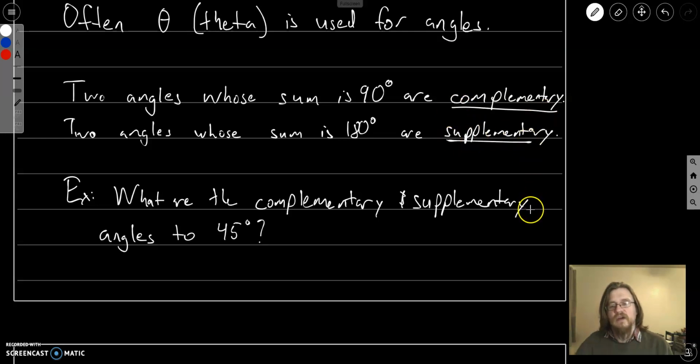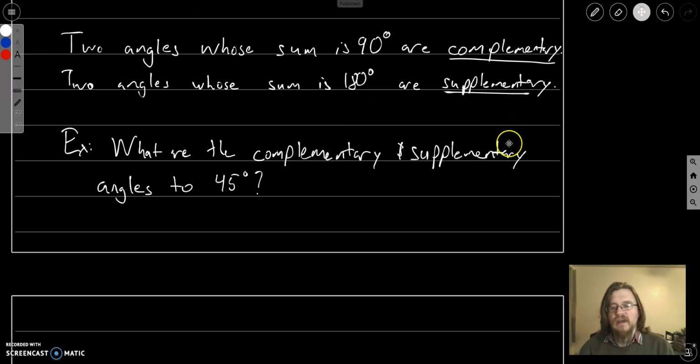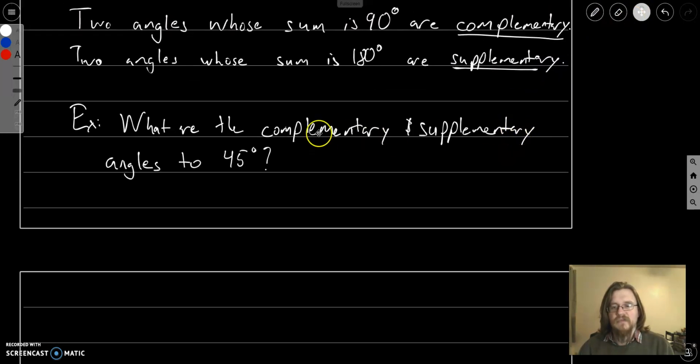Two words that we'll use to describe angles are complementary and supplementary. And they're quite nice. Complementary angles are angles that add up to 90, and supplementary angles are angles that add up to 180. So for example, what are the complementary and supplementary angles to 45 degrees?